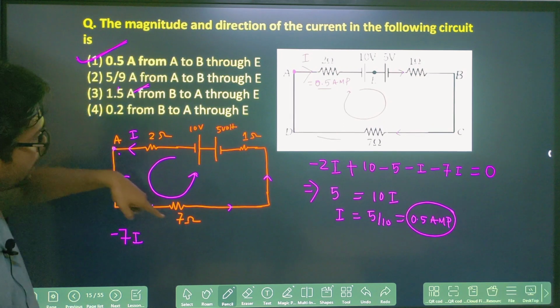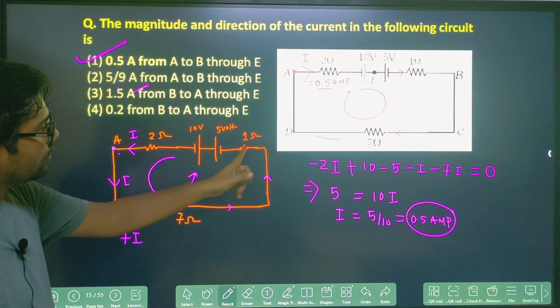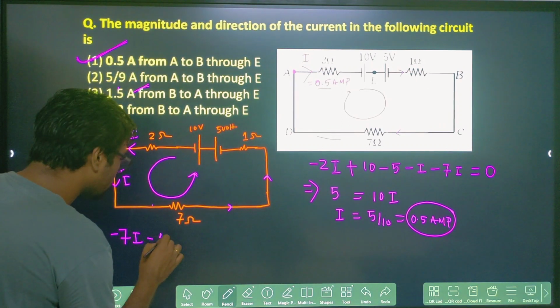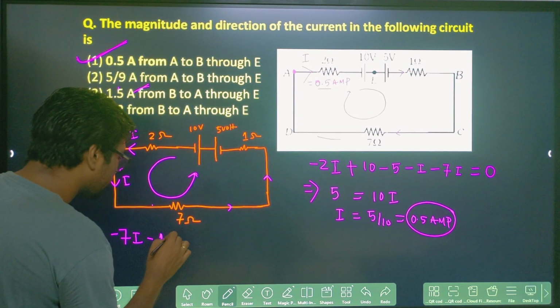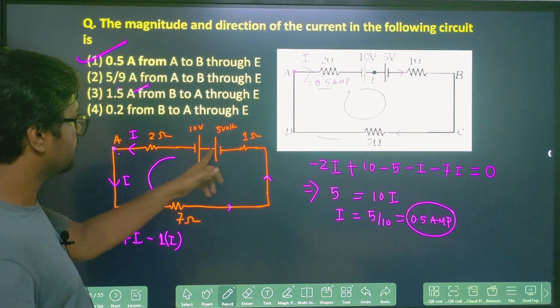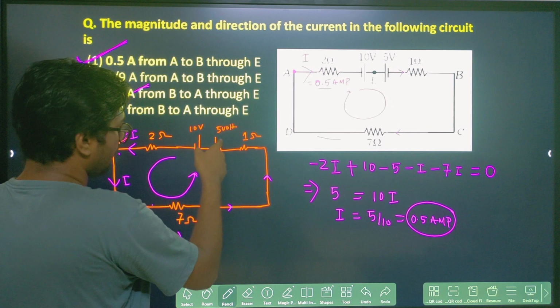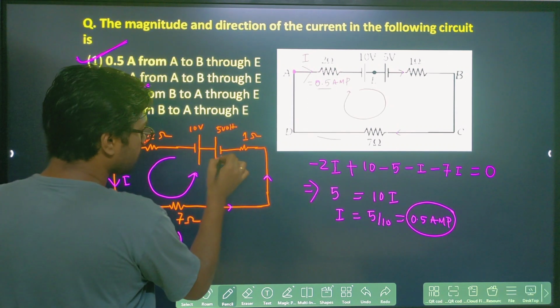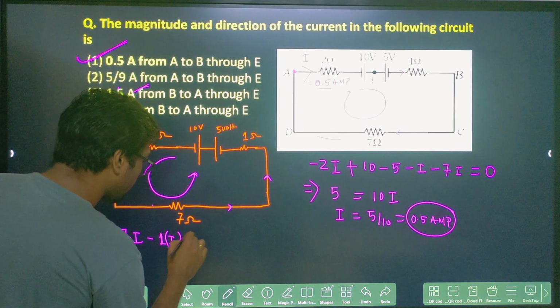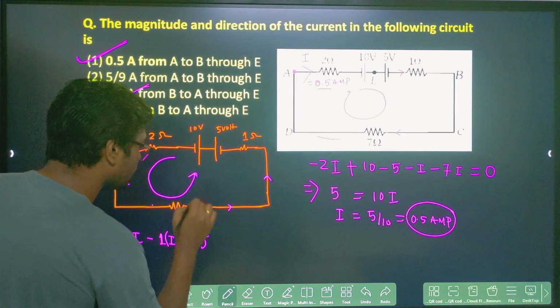Clear? Then you reach here, again the same for the 1 ohm, you will say minus 1i. In this direction I am moving from lower potential to higher potential. That means there is an increase in potential, so I have to write plus 5 volt.